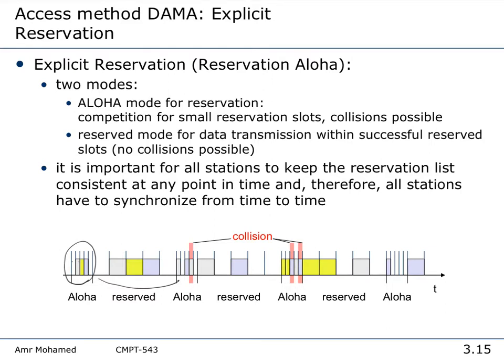So in the explicit reservation, you have two modes. There is Aloha mode for reservation, and by Aloha here we mean slotted Aloha, with competition for small reservation slots. In that case, collision is possible. If two requests collide, then those two requests are gone.